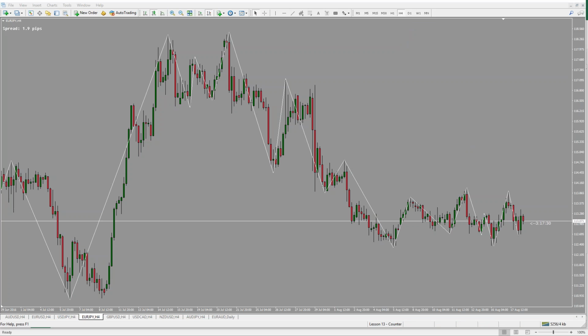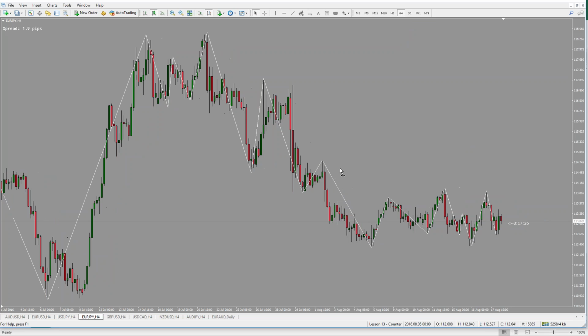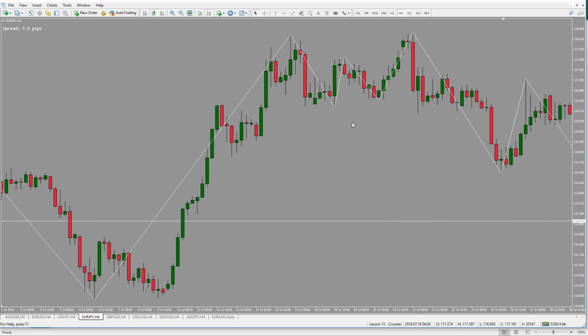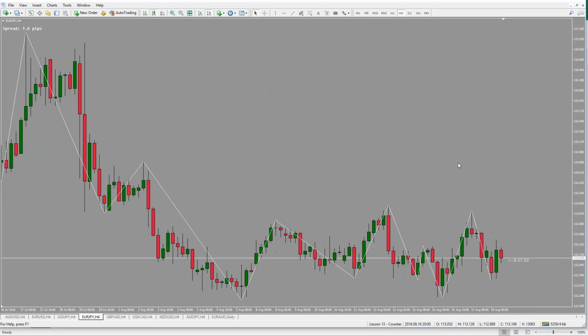So what I mean by that is, let me just pick a region. Okay, so let's just zoom in, I'm looking at a Euro Yen current price right now. Now I need to join consecutive tops. Okay, so for example, if I chose this top and that top, are they consecutive ones? Are they 2 in a row or not? What do we think?